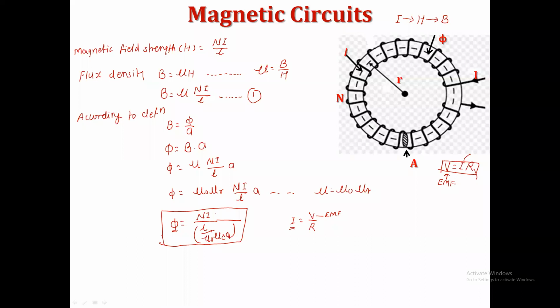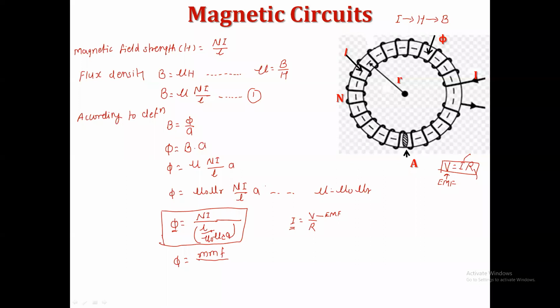Now here, in this equation, the numerator is called as MMF, magnetomotive force, and which is equal to N into I. आता N into I म्हणजे तुम्हाला लक्षात आलं काय आहे ते? What is that N into I? It's the work law. Is it right? Work law is equal to N into I.